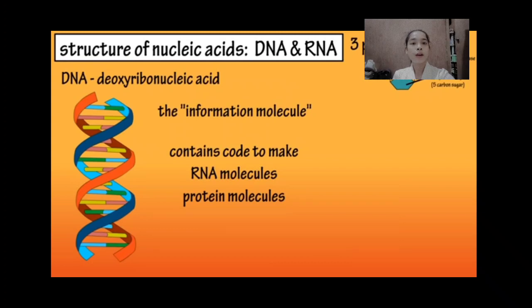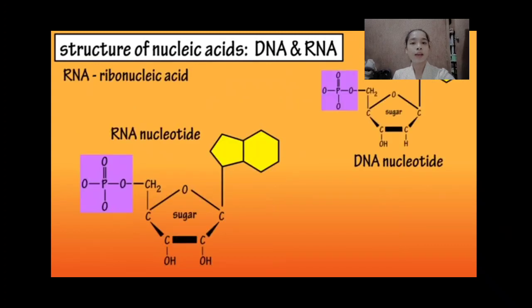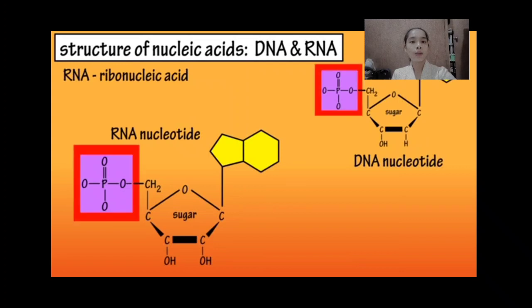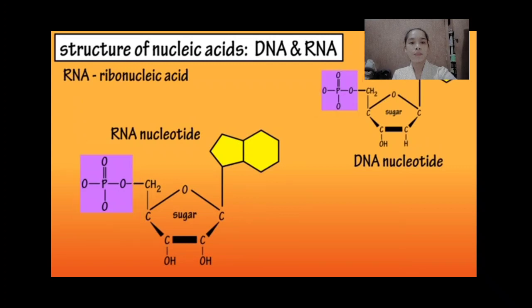Now, for RNA, the nucleotides that make up RNA are very similar to those that make up DNA. RNA nucleotides have a phosphate group in the same structure as in DNA.